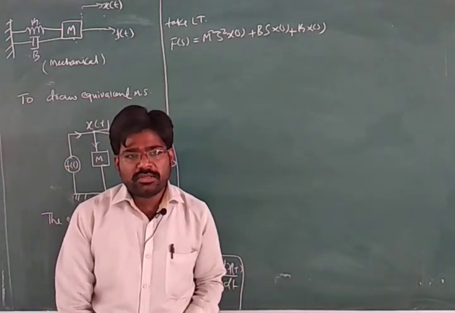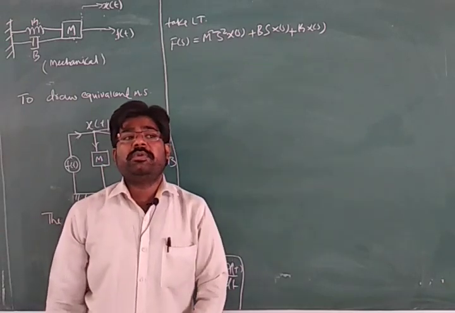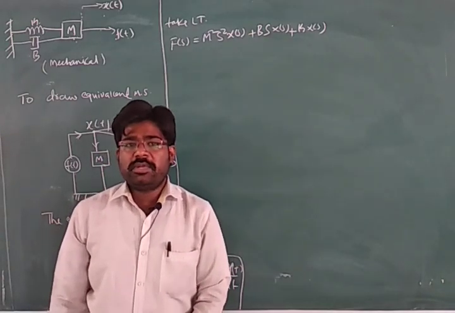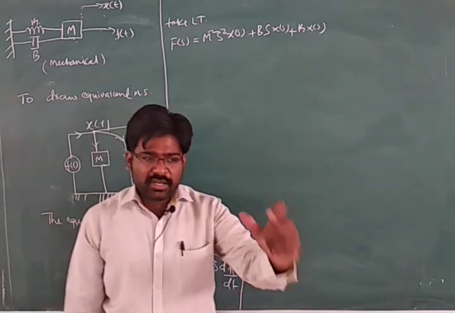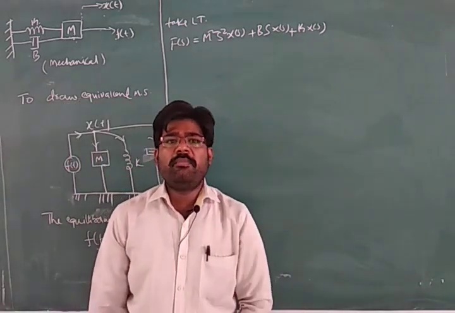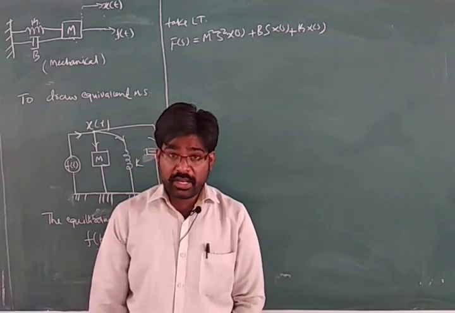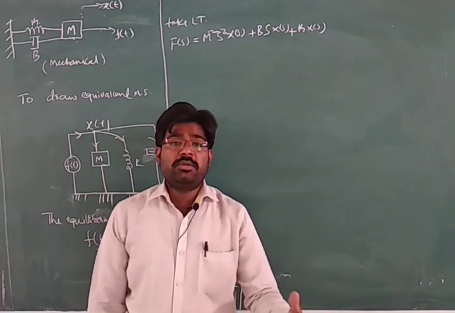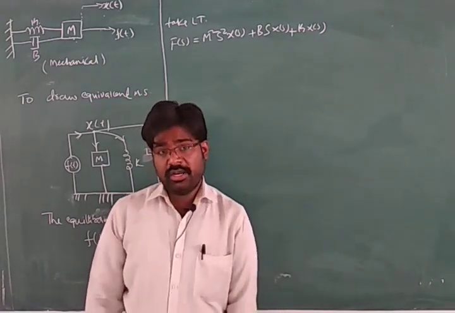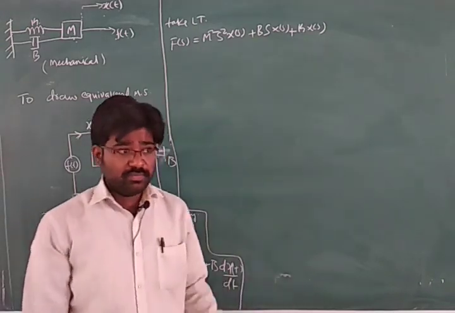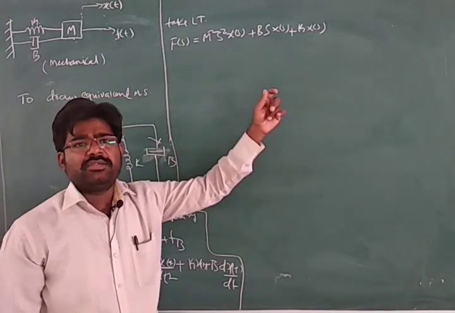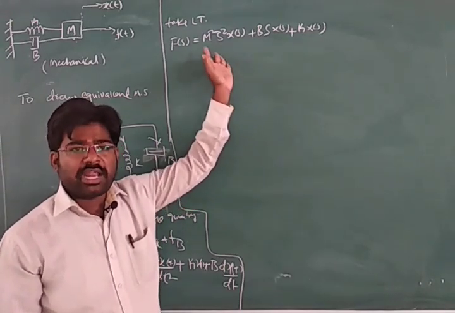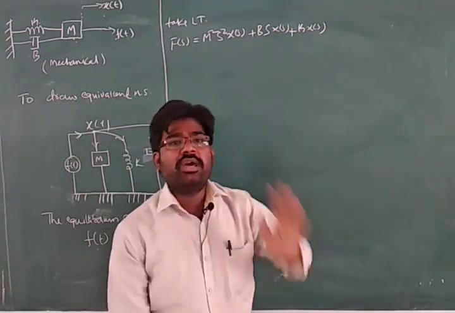To draw the equivalent system we have to see how many displacements are there. Then depending upon the displacements we have to select the number of nodes present in the system. Then to that node everything we have to connect in parallel. All the elements which are influenced by that node will be connected in parallel across that node one by one. Then we have to apply the Laplace transformation. Then we'll get the required equation.